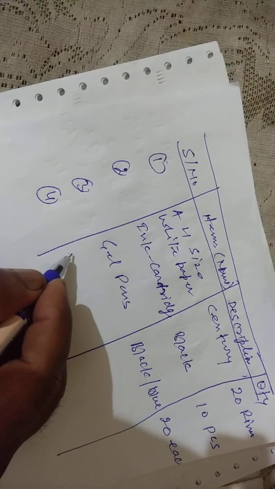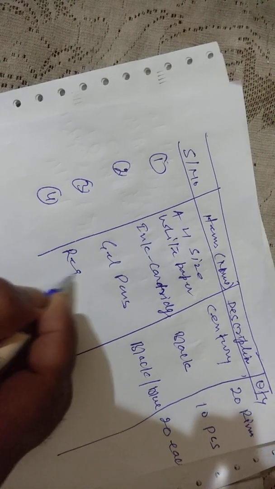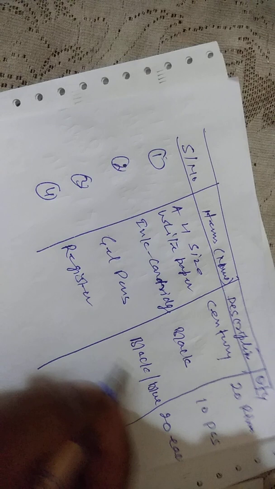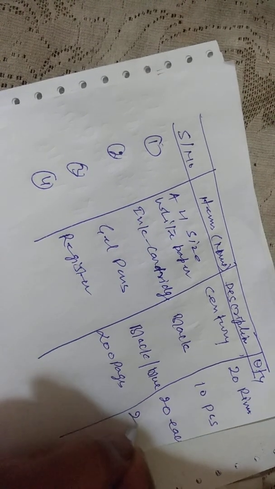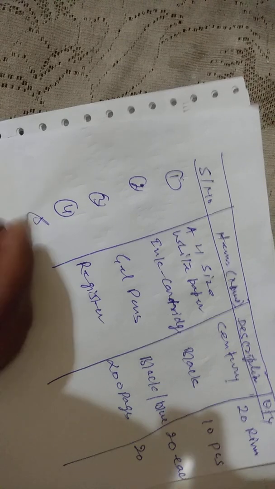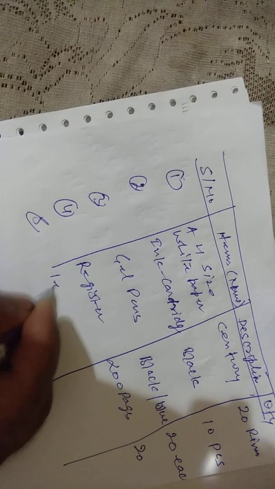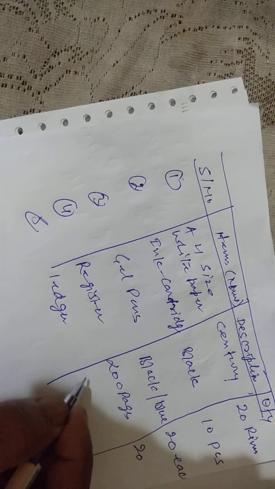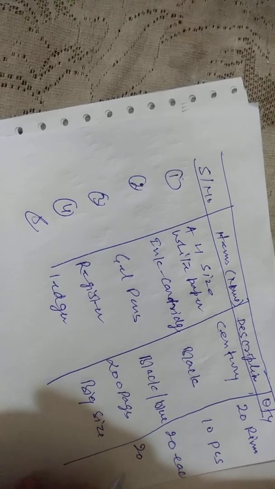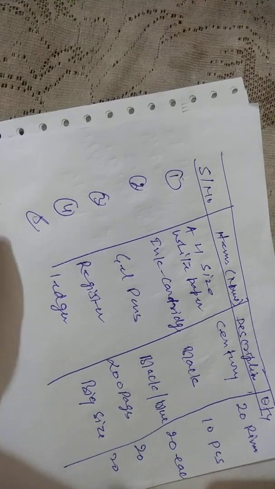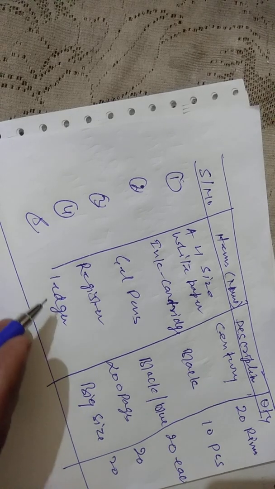Next, register, 200 pages, 20. Ledgers, big size, 20. All the items we have to mention over here.